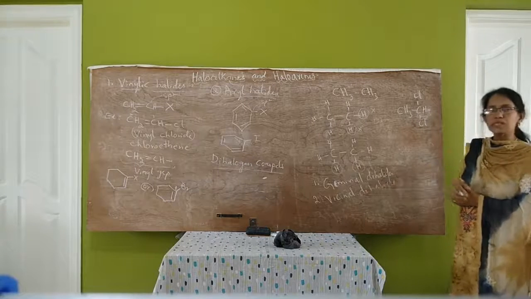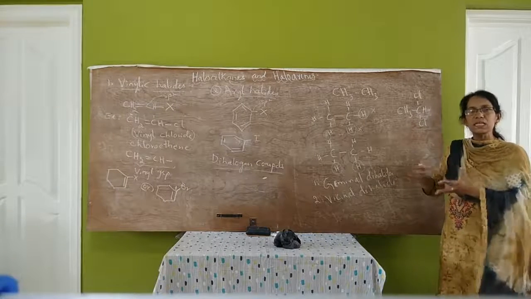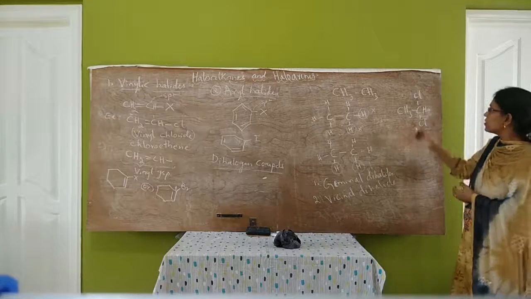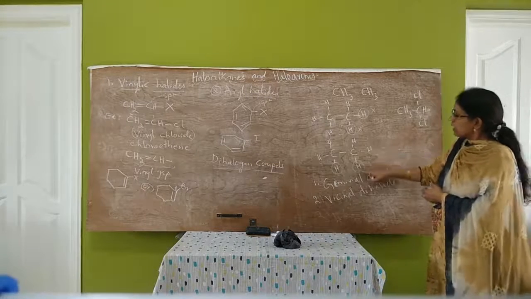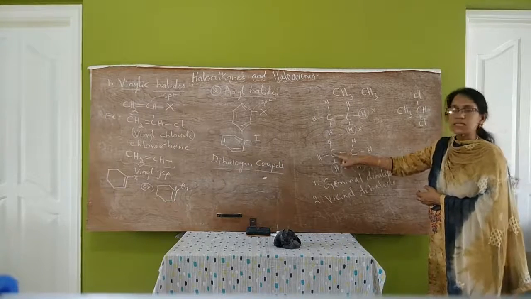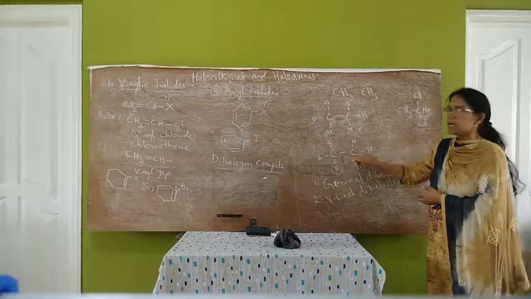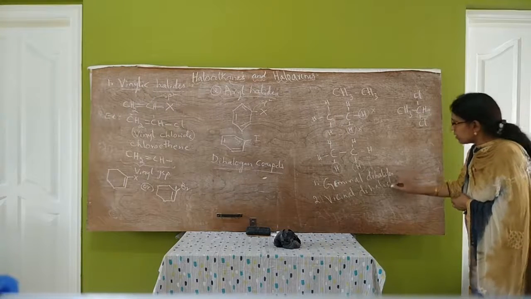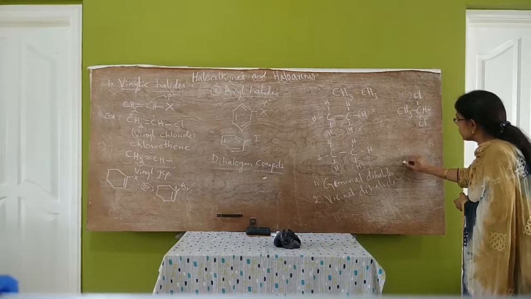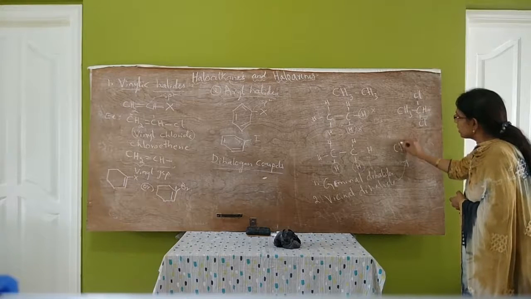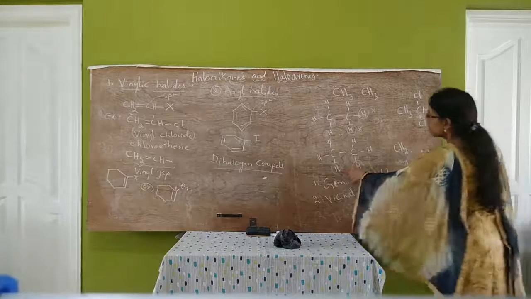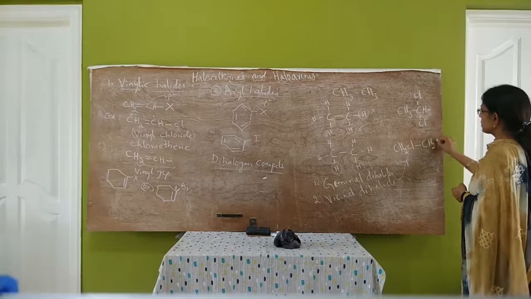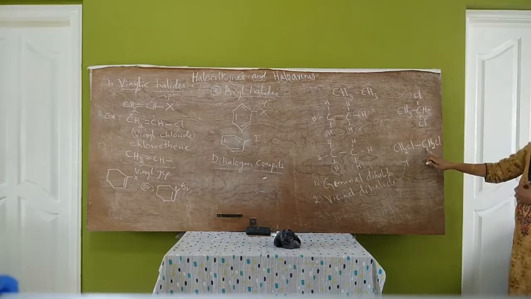The second one is vicinal. What is meant by vicinal? Vicinity, that is, in the close vicinity, in the neighborhood. So here the two halogen atoms are attached to adjacent, neighboring carbon atoms. An example for vicinal dihalide is CH2Cl-CH2Cl.